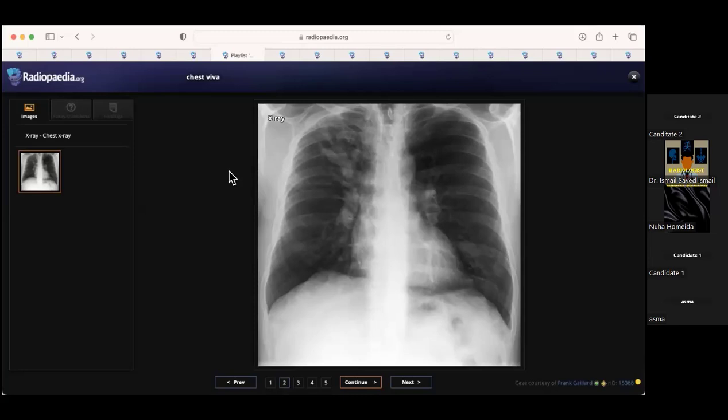So tell them that I'm looking for any evidence of bronchiectasis or tram track lines that extend from the hilum upwards. These are features of bronchiectasis that you want to show the examiner.